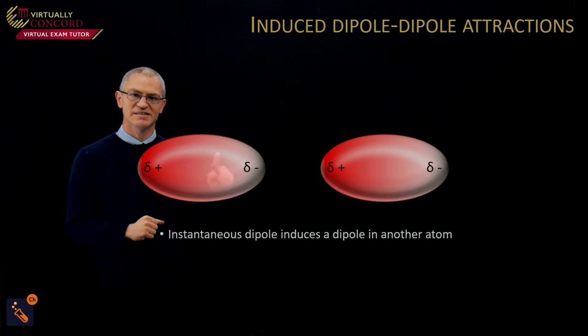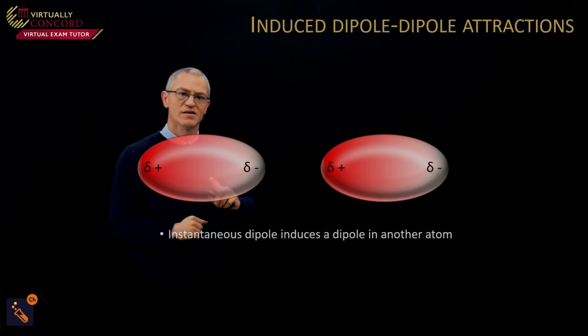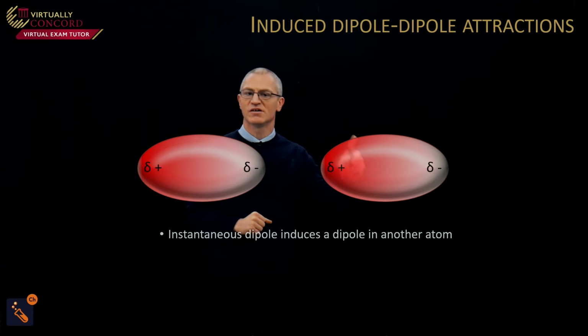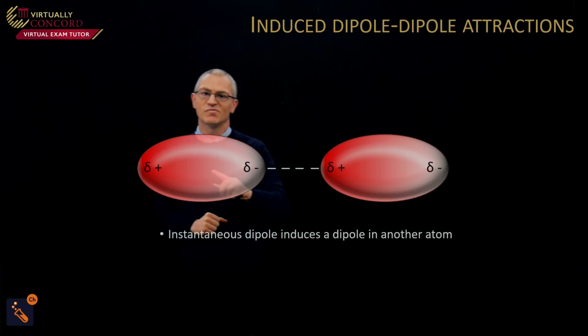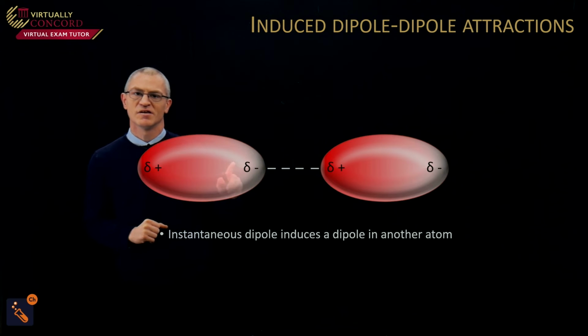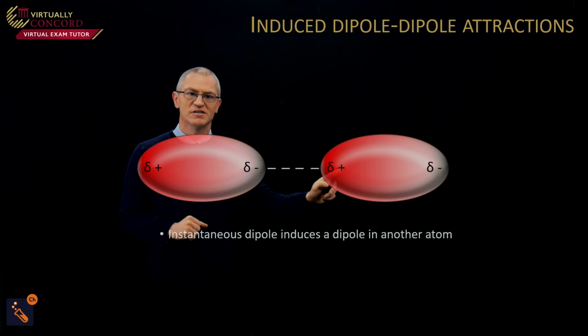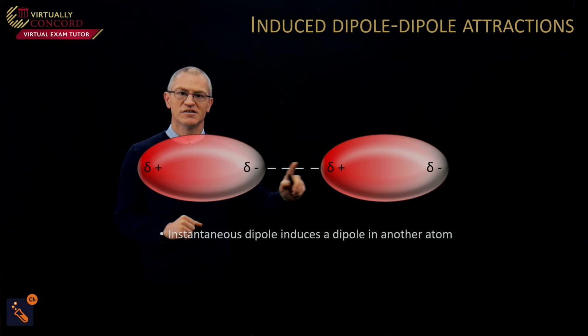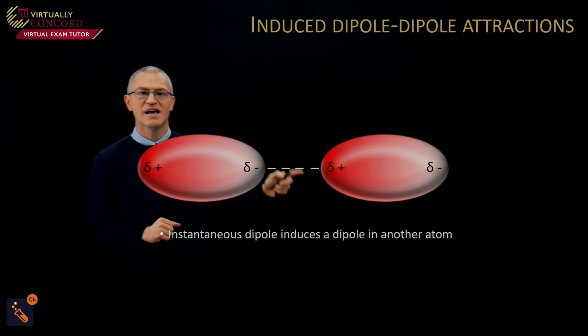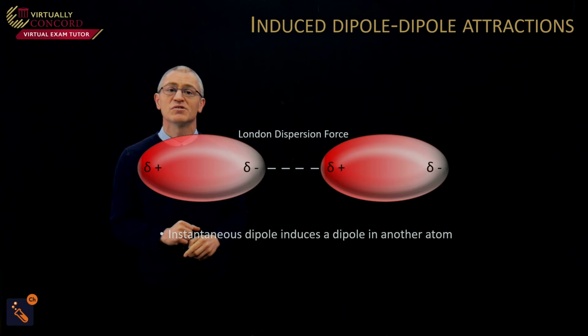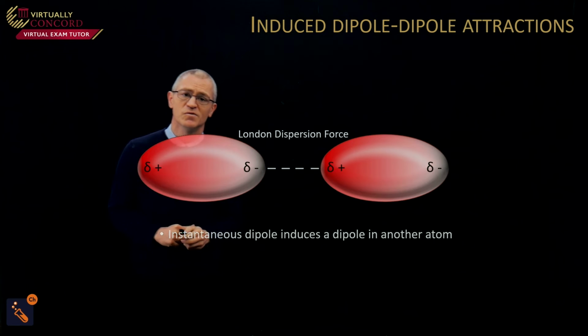So this is an instantaneous dipole which has induced a dipole in the neighbouring atom. And there then will therefore be an attraction because it has pulled this nucleus slightly closer to here, because negative attracts to positive. Okay, and we have that attraction. That's called a London dispersion force.